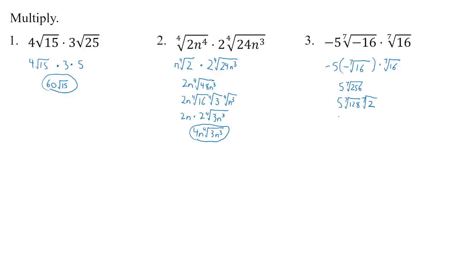The 7th root of 128 is 2 times the 7th root of 2, and therefore 5 times 2 is 10. Therefore, your final solution is 10 times the 7th root of 2. So as you can see, sometimes you can simplify before you multiply. Otherwise, you can wait till after multiplication to simplify.